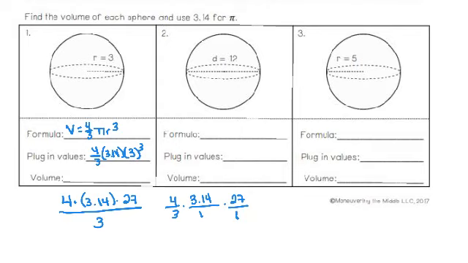So what you ultimately end up getting is 4 times 3.14 times 27 all over 3 times 1, which is really 3. Okay? So that's why this can be done. You don't need to understand it, just trust me.